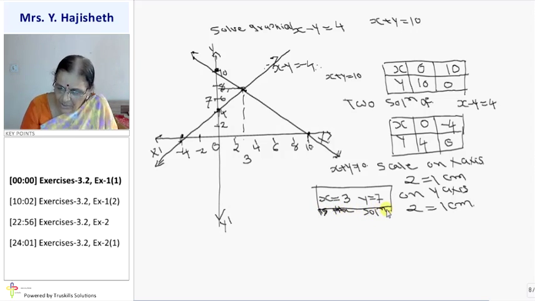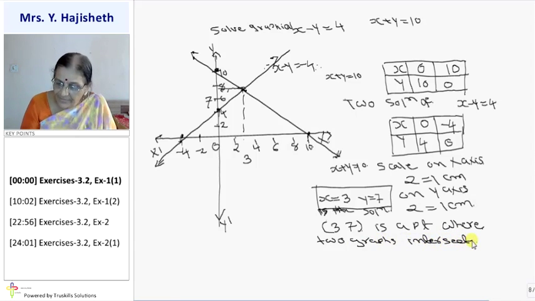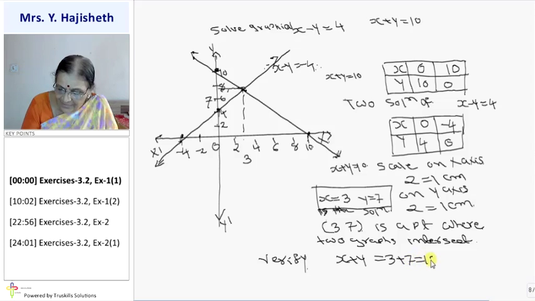Why is it called a solution? Because this 3, 7 is a point where two graphs intersect, and it satisfies both the equations. If you verify, then x plus y by putting x is 3 and y is 7 is equal to the RHS, and x minus y by putting x is 3 and y is 7 is minus 4, that is the RHS.